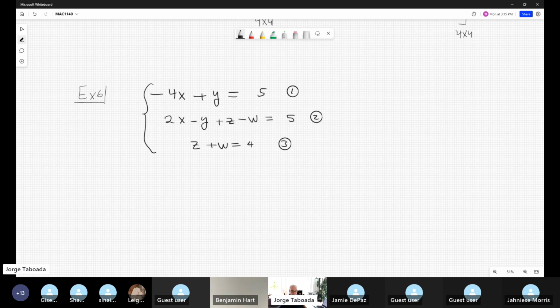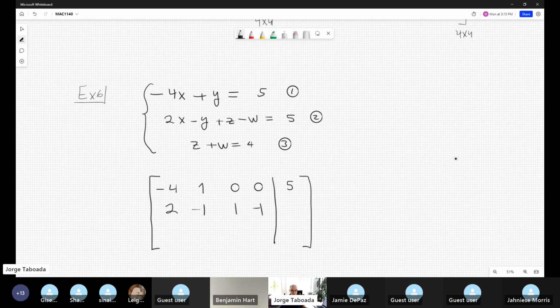Let's set out the matrix. The matrix is -4, +1, 0, 0, and 5. This is my first equation, because z and w, or whatever you want to call them, are missing. In the second equation, you have 2, -1, +1, -1, and 5.